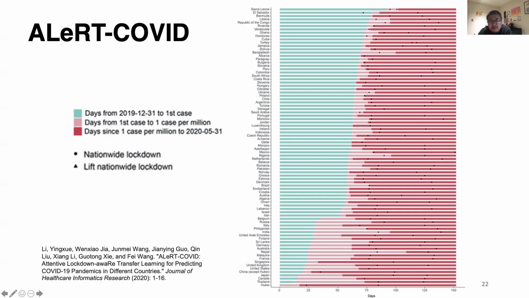The coordinate on the horizontal axis of the black dot means the days from the starting point to the starting date of the lockdown measure, and the coordinate of the black triangle, so there's first a dot and then a triangle, means the days from the starting date to the end date of the lockdown measure.